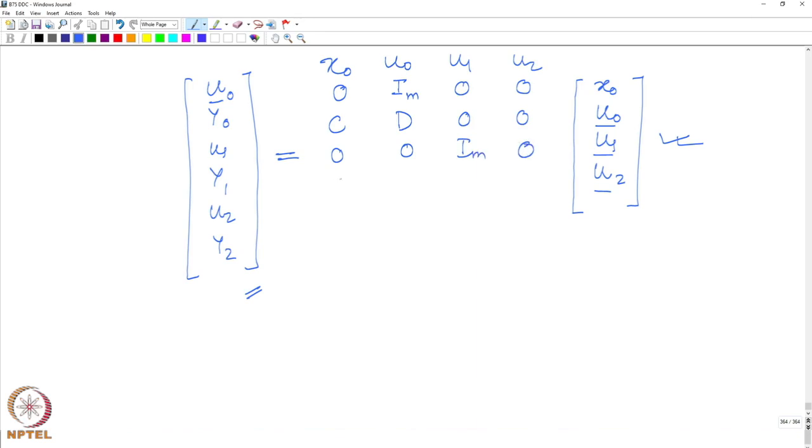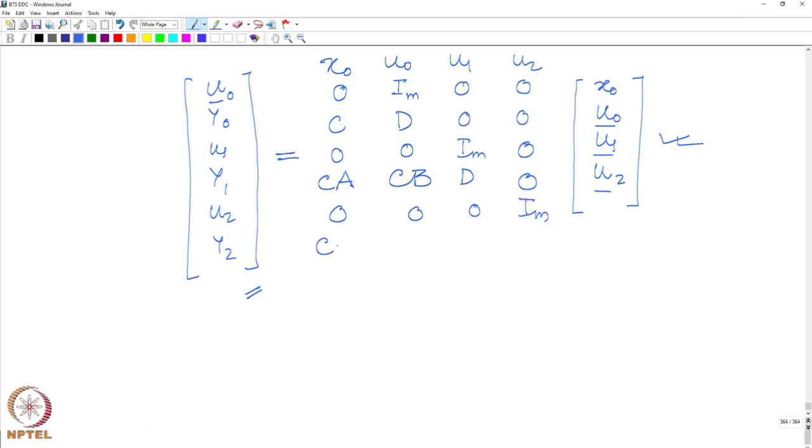What is y1? y1 is equal to C times x1 plus D times u1, but x1 is not with us. So D times u1 will be there, but for x1 I will use A x0 plus B u0, which will give me C A times x0 and C B times u0. What is u2? 0, 0, 0, identity of size m.